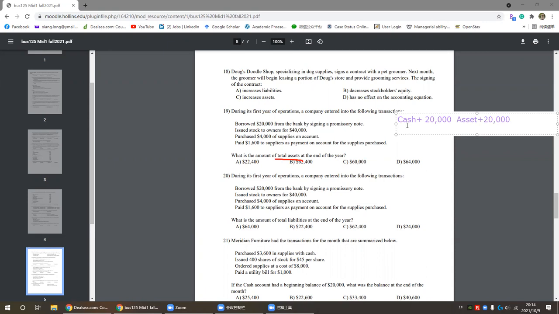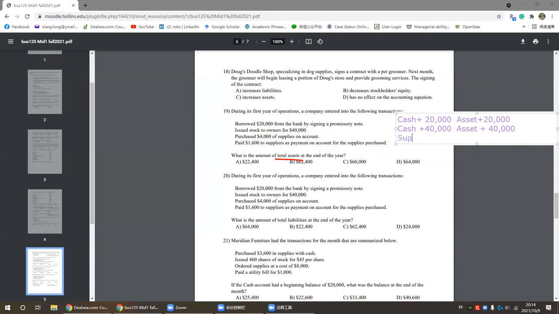The second one, issue stock to owner for 40,000. You issue stock to the owner, so the owner will pay cash for the stock. So our cash, once again, is increasing by 40,000, and then our asset will be increased by 40,000 as well. The next, purchase 4,000 of supplies on account.